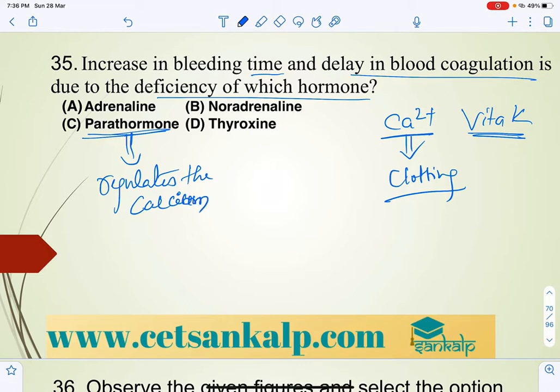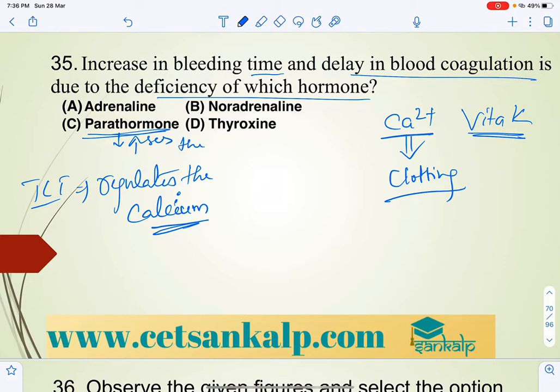Whenever we talk about this, TCT regulates the calcium level, whereas parathyroid hormone increases the calcium level.